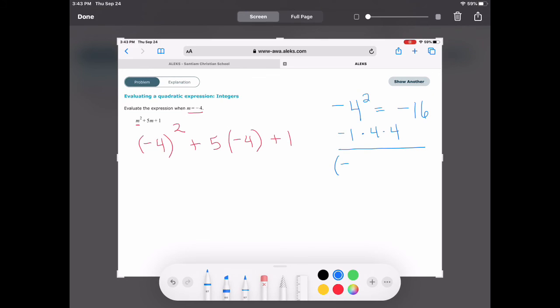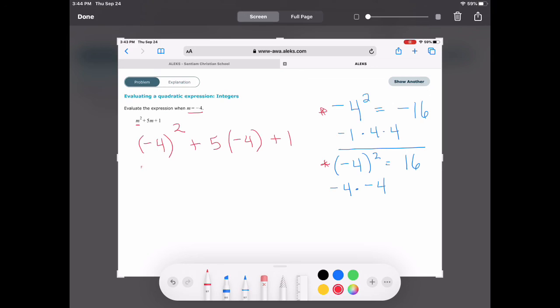If you plug this into your calculator, you will get this answer because it thinks you're asking for this, and a negative times a negative is a positive. So we need to watch how we enter those negatives and those exponents.